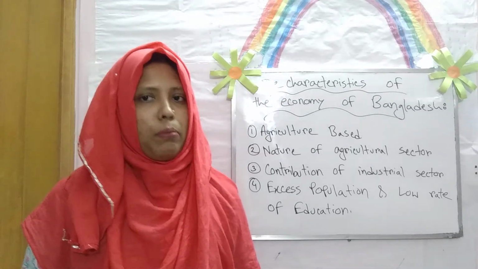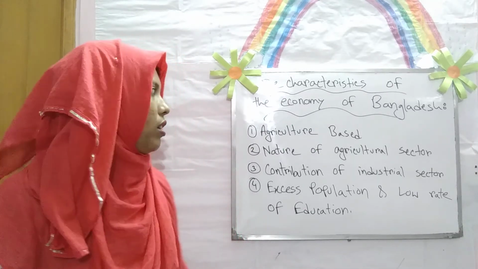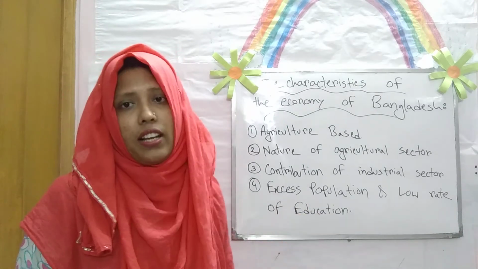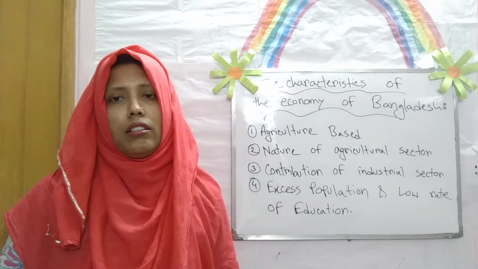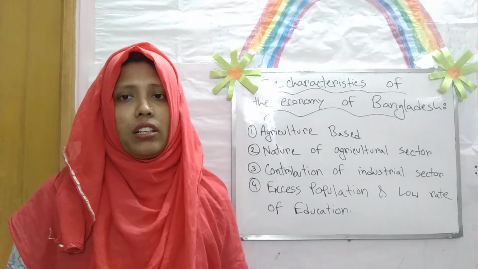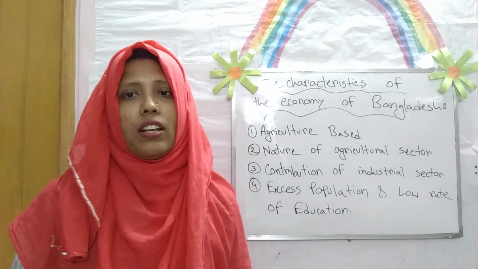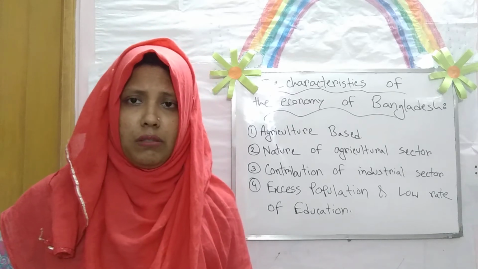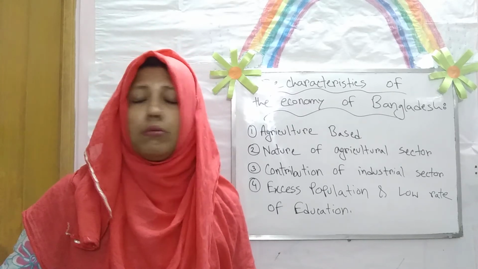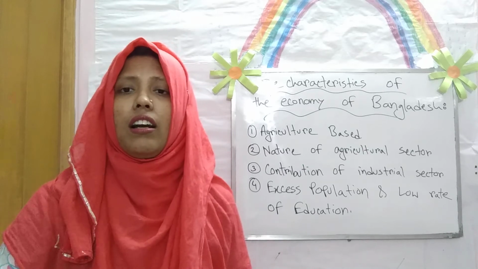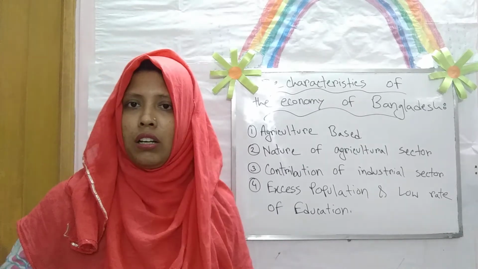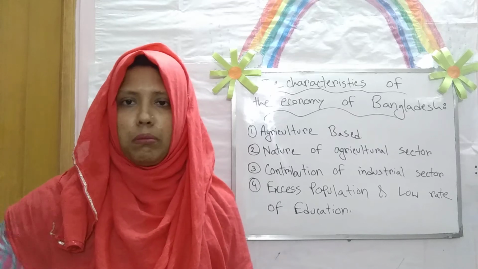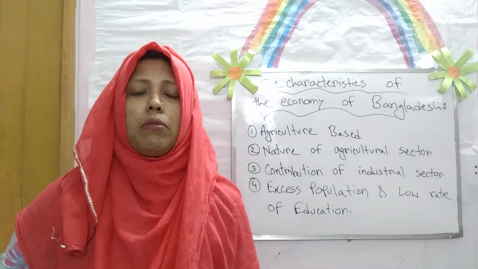But we are dependent on agriculture, and the nature of our agriculture sector is not very modern. Our agriculture depends on natural resources, natural disasters, the rainy season, or the nature of our cultivable land.